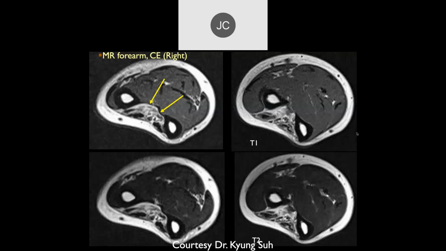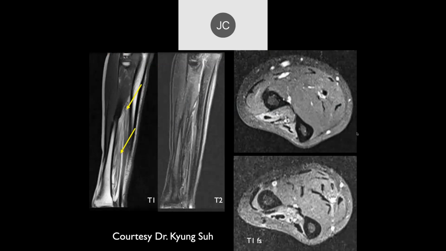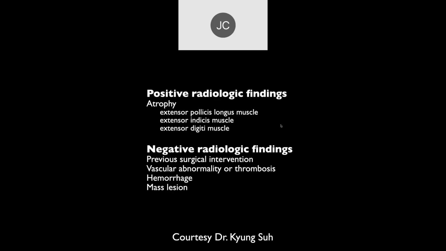Yeah, atrophy of those extensor muscles. That's on the axial plane. If we go to the other planes, we can also see marked atrophy here of the muscles. So a lot of the extensor muscles, which explains the patient's symptoms.